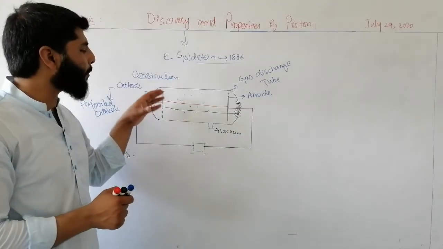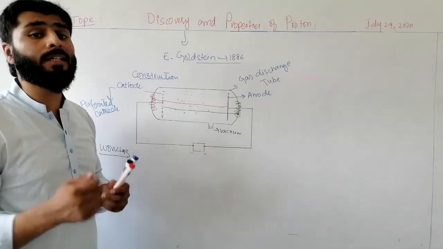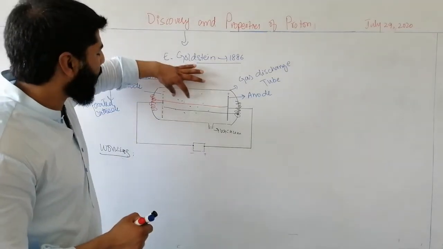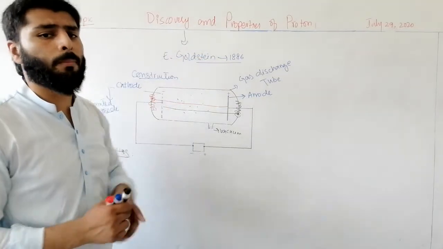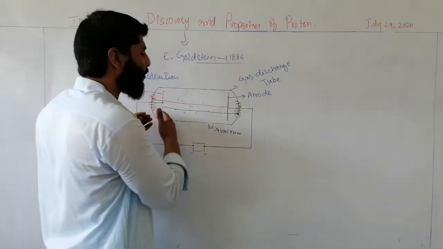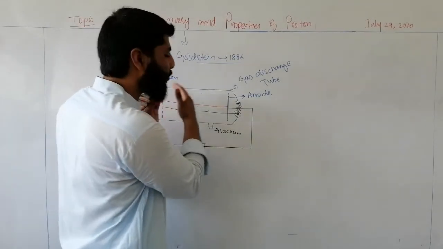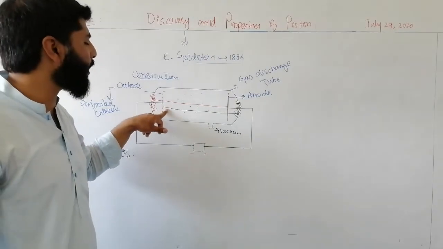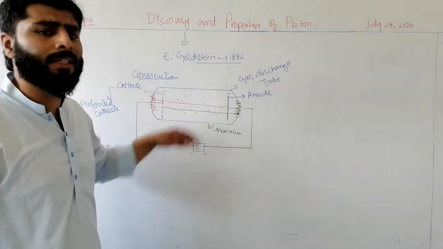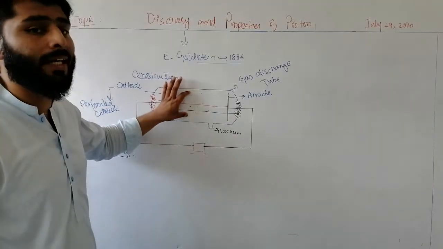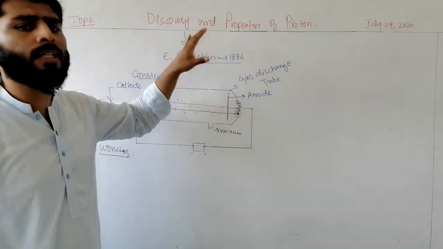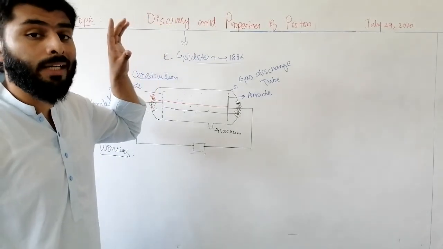He observed the production of canal rays and said that they were produced by the passage of cathode rays through the gas. He said that when cathode rays passed through the gas, they ionized the gas, as we have read in the properties of cathode rays, that cathode rays are capable of ionizing a gas.